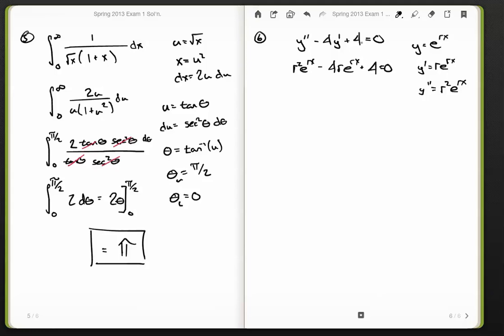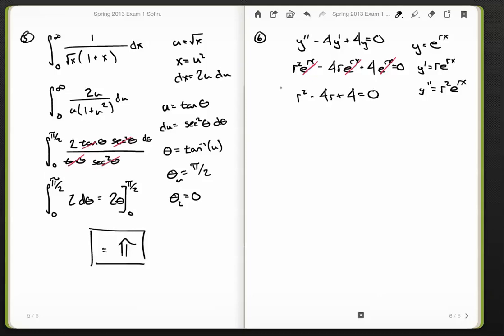plus 4 e to the rx equals 0. I can go through and divide out all my e to the rx's, and so I'm left with my characteristic equation, r squared minus 4r plus 4 equals 0.